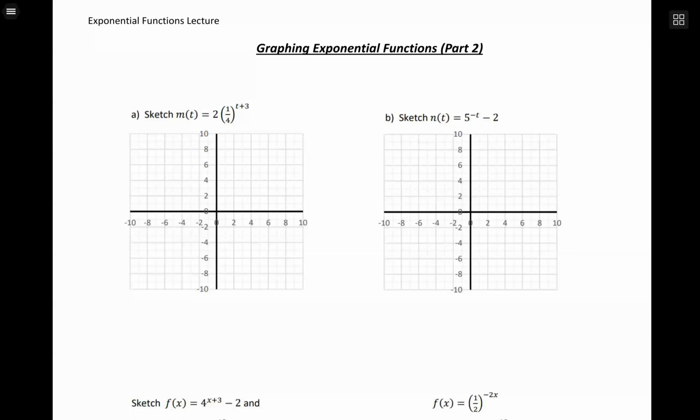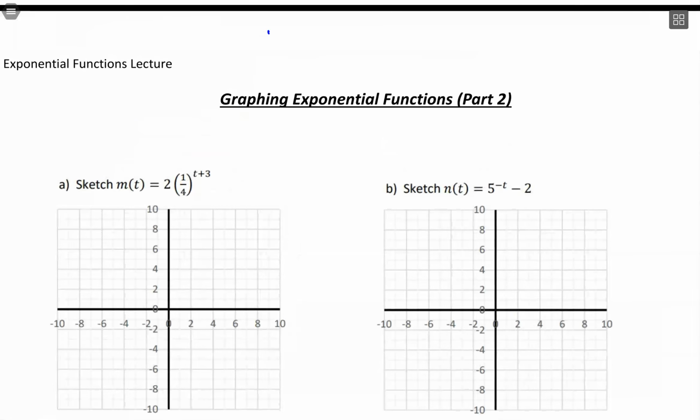So with these, we want to be able to make a sketch of the graph, thinking about our graph transformations and keeping in mind what we know about our growth factor. So in terms of basic function here, like we mentioned in the last video, for graphing, think of it as your function is just the growth factor with your exponent of the variable.